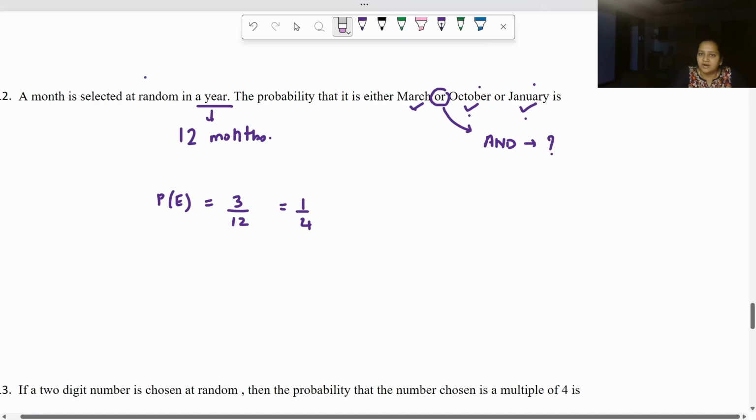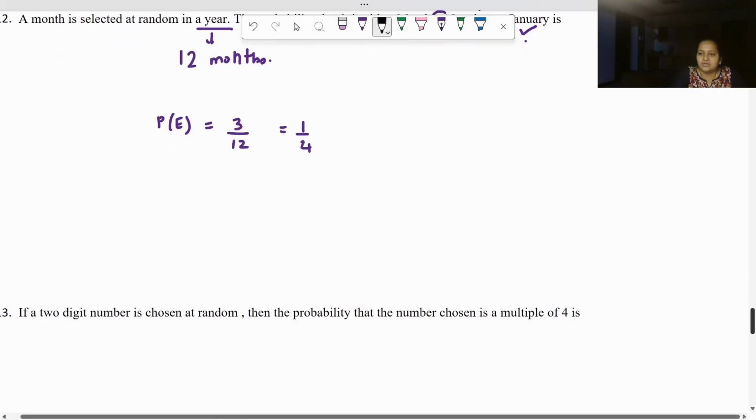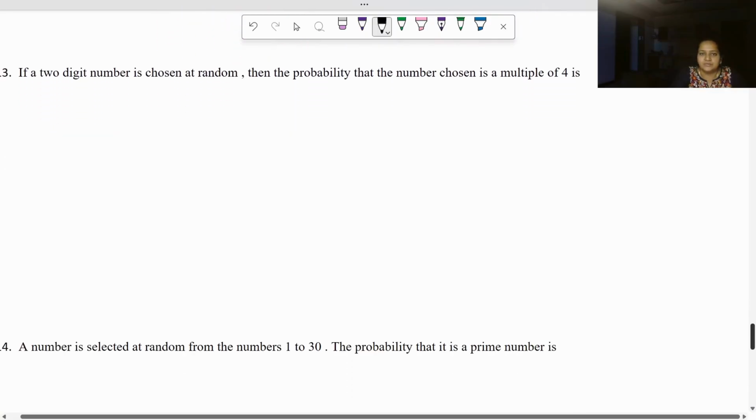That is the condition for and, not or. For or means either of the three. Later, we'll come across one more question where we'll see the use of or and. We'll emphasize on one more question which will be based on or and so on.